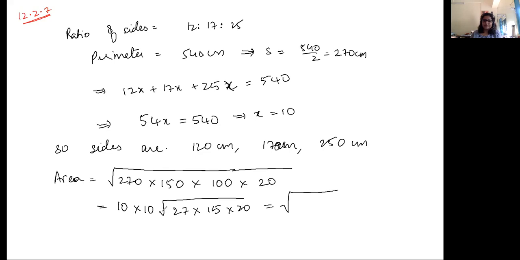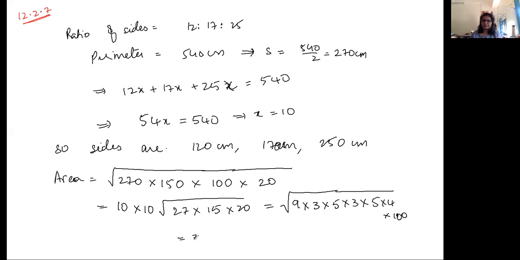Root of 27 I can write as 9 into 3 into 5 into 3 into 5 into 4, into 100 will be there outside of the root.